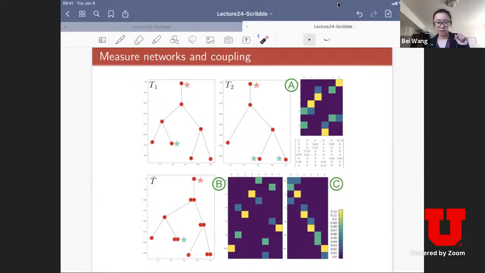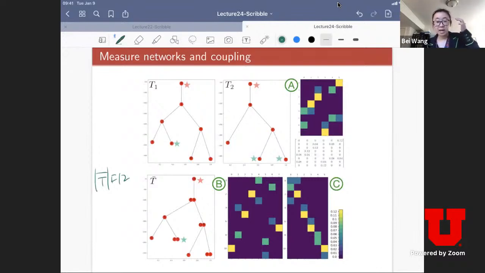So let me make it more clear. The average tree, there's a way to compute it. The average tree for these two trees happens to be a tree of 12 nodes. So this has size 12. And I'm also going to use the GW framework to couple each of those input trees, T1, against T hat.